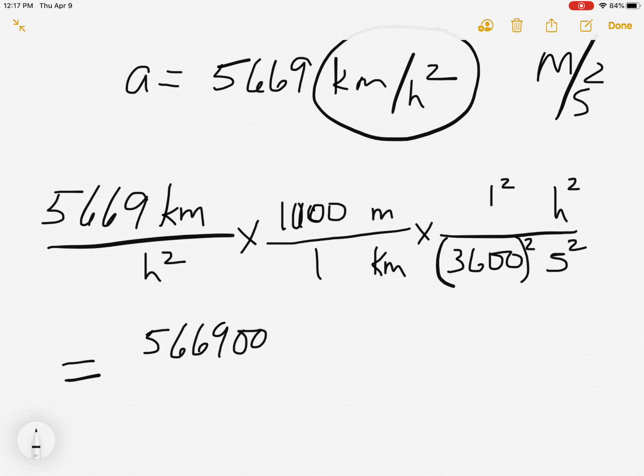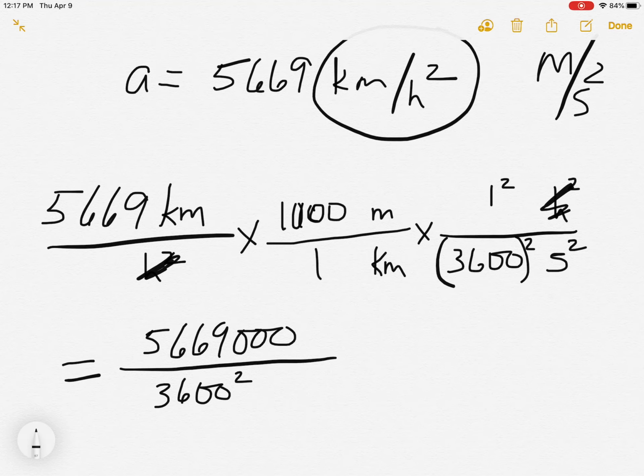So on the top, we have 5669000. On the bottom, we basically have a 1 and a 1 and a 3,600 squared. Now, 3,600 squared is a huge number, so let's just keep it as 3,600 squared. And of course, that would leave me with these canceling with those, top and bottom, and the kilometers would cancel with the kilometers.